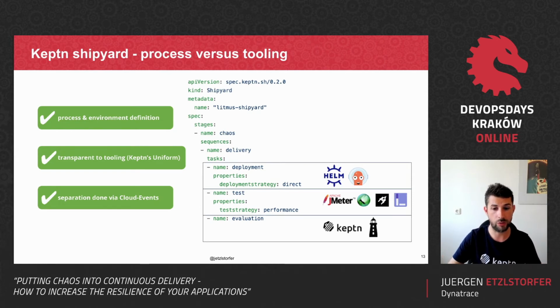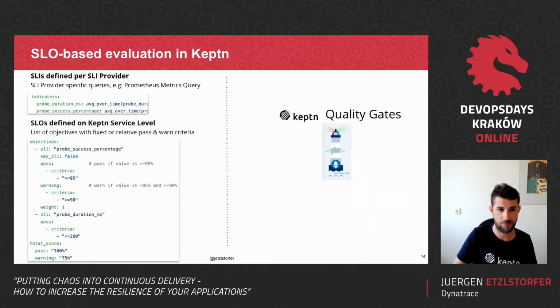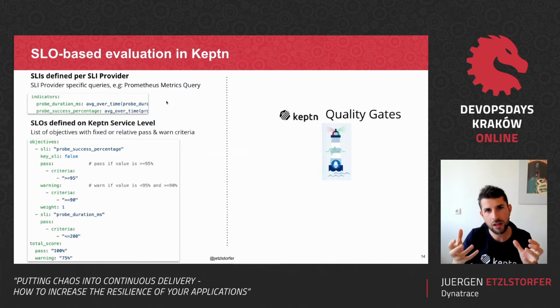And of course, we need to evaluate. I will be talking about the evaluation just in a bit, because that's the important part where we talk about service level indicators and service level objectives. A service level indicator is something like a metric. We can really think of it as a metric, something like the error rate of login requests.